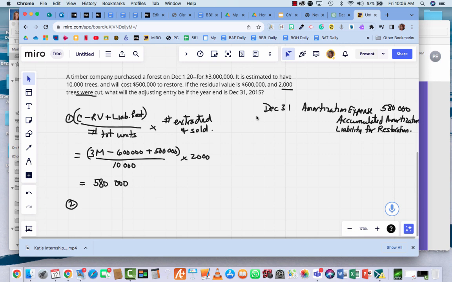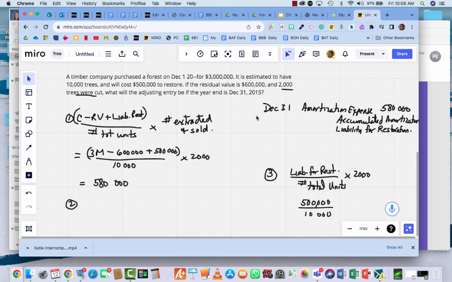Let's look at our second formula. This time, actually, let's do the third formula first. So our third formula is just the liability for restoration, or the restoration cost, divided by total units. We're going to multiply that by the 2,000. Okay, so our liability for restoration is $500,000.